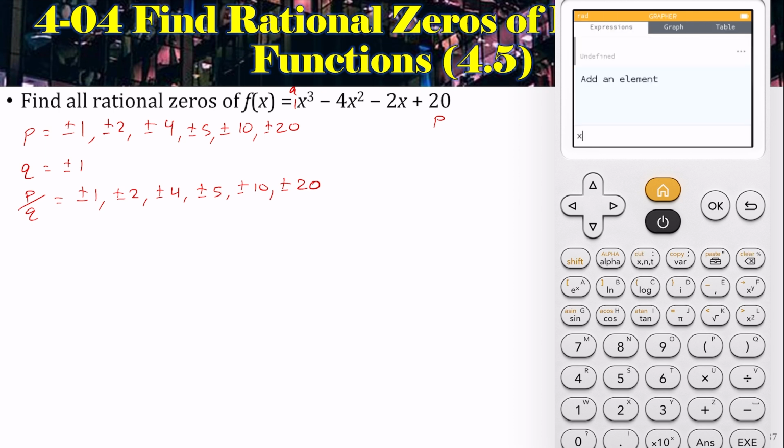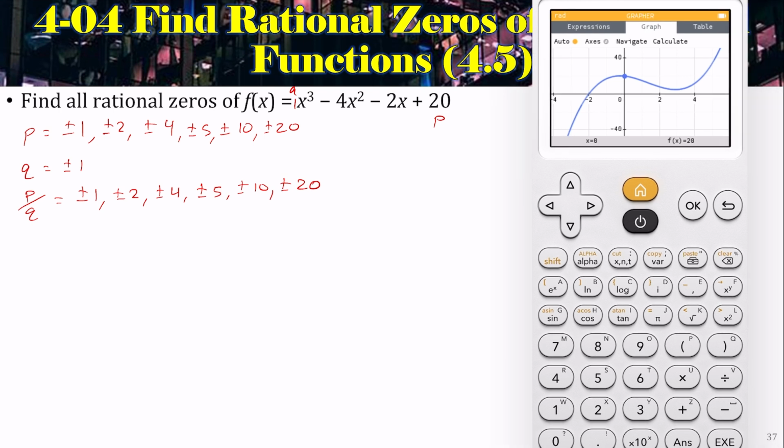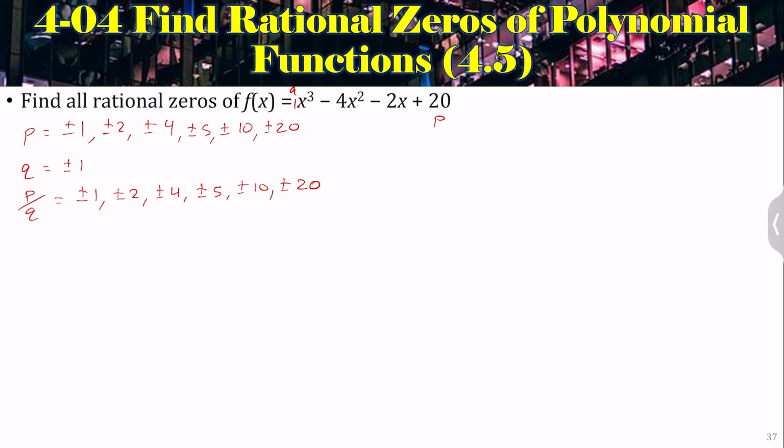So it's x cubed minus 4x squared minus 2x plus 20. All right, looking at my graph, it looks like I have an x-intercept at negative 2. So we'll use negative 2.